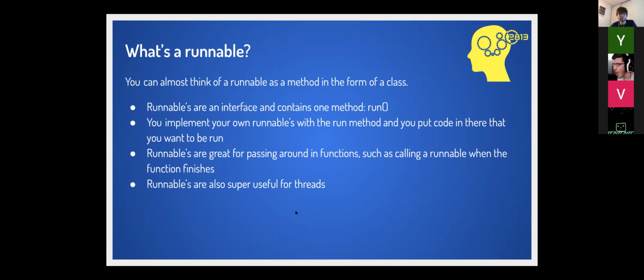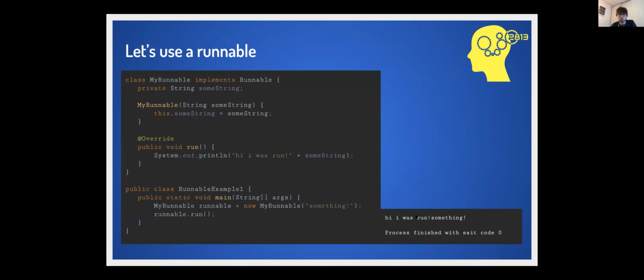Runnables are an interface. They contain one method, run, and when you implement them, you put whatever you want to happen inside there, and whenever you call the runnable, it runs. Here's an example of a runnable.